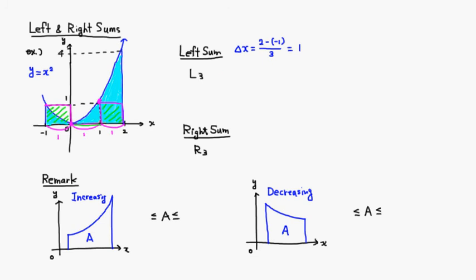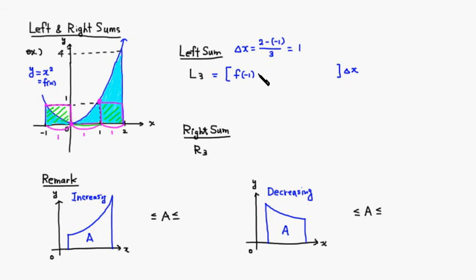So L3, the left sum, is going to be, usually, just adding up all the heights together. First you look at f of -1, then multiply by delta x, and that will give you the area here.